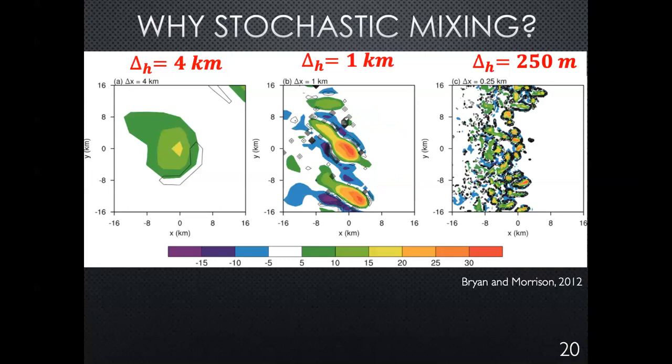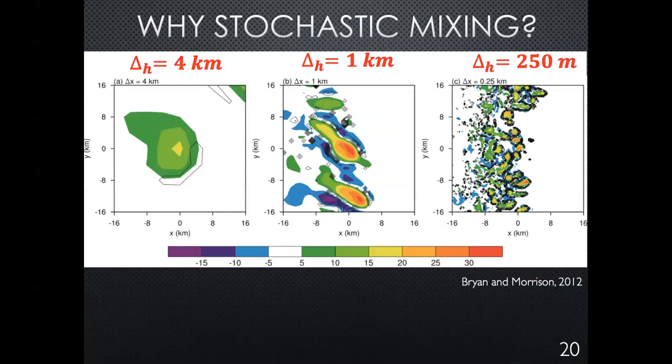And then moving towards LES grid spacing, there's clearly a wider distribution of cores and core properties. So the concept of stochastic mixing is to produce a wider range of updraft core properties, essentially more variable mixing at coarser grid spacing. At grid spacings between 1 to 4 kilometers, we know we can't resolve the individual updrafts.